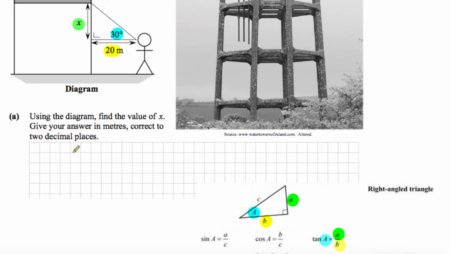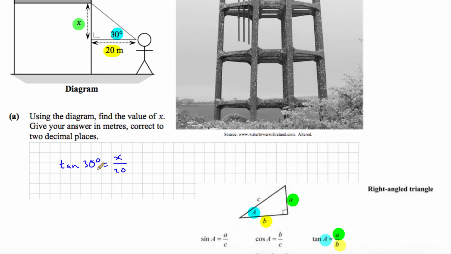So setting that up, we have the tan of the blue angle, 30 degrees, is equal to the opposite side, the green one, x, over the yellow, which is the adjacent, 20. So tan of 30 degrees is equal to x over 20.